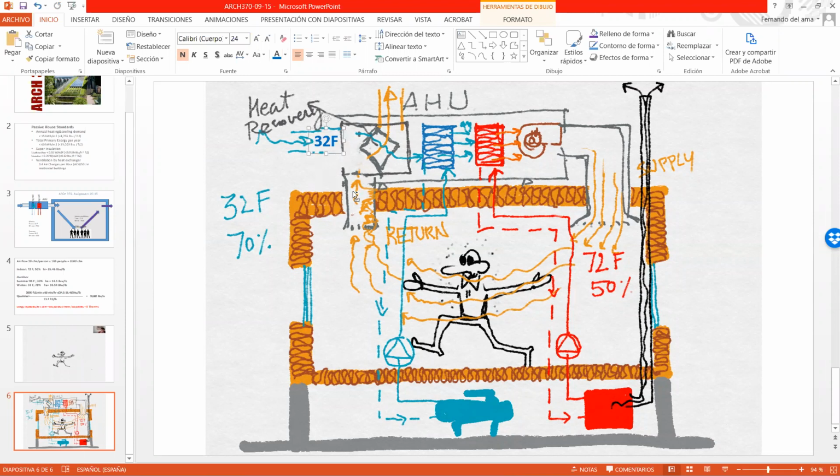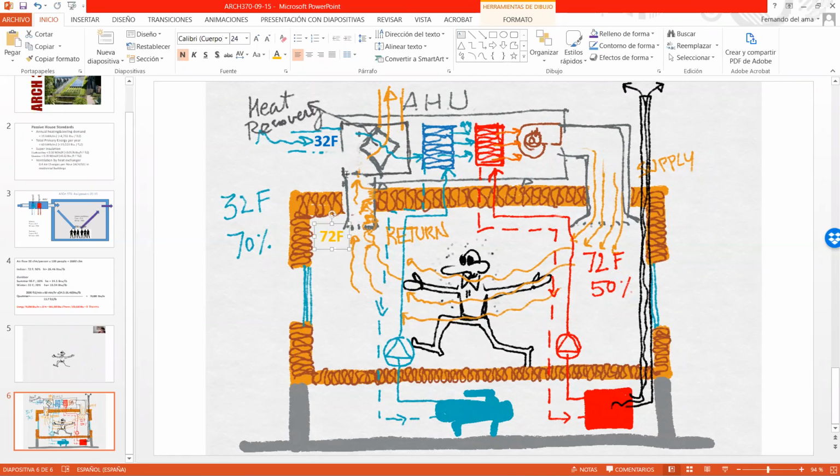After the heat recovery, here in the return, the air temperature is 72 Fahrenheit.